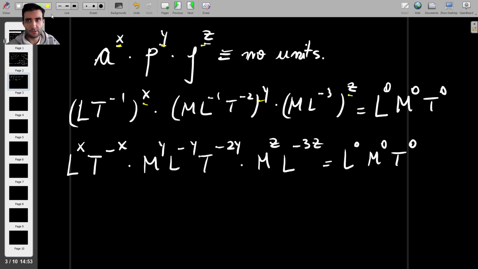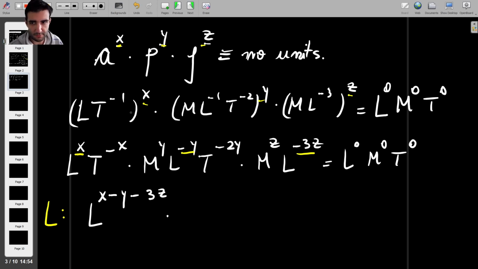Okay, so let's now separate and compare the powers on both sides. Let's look at L first. So we have L appearing 3 times, and the result is going to be L to the x, times L to the minus y, which is L to the power x minus y, and then minus 3z.